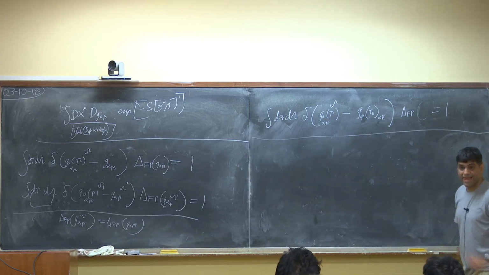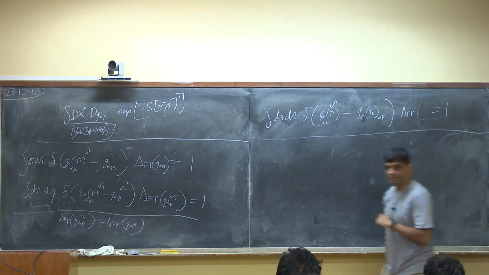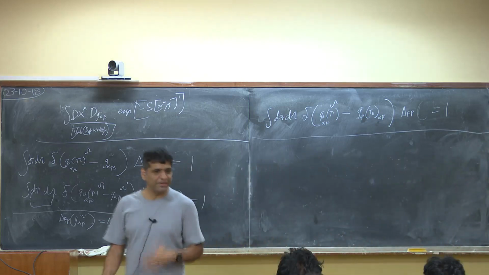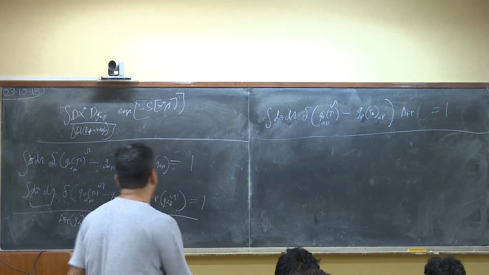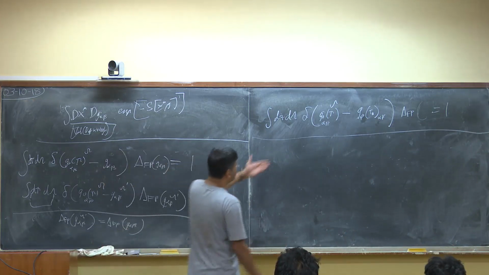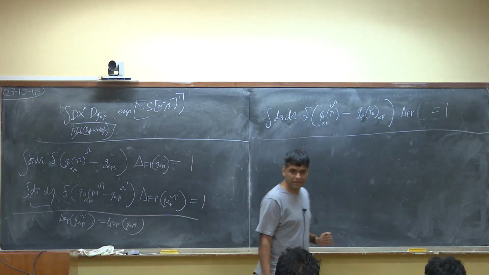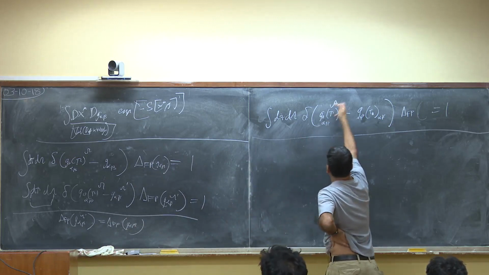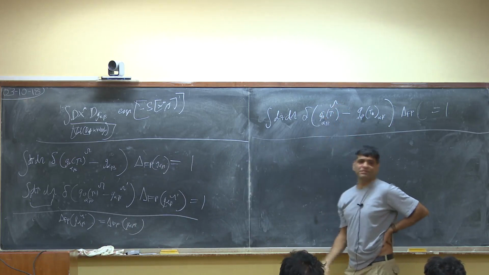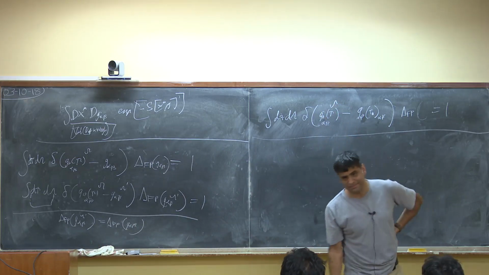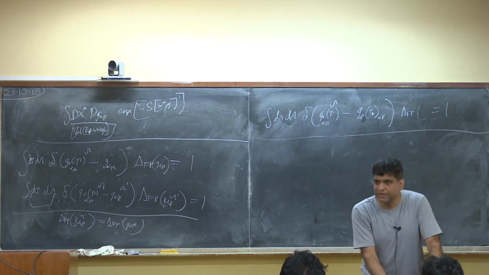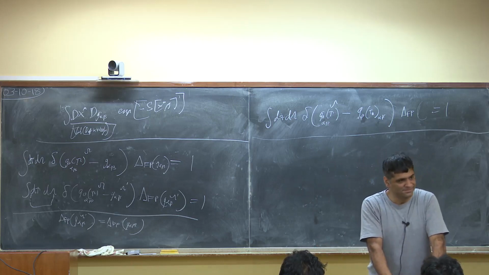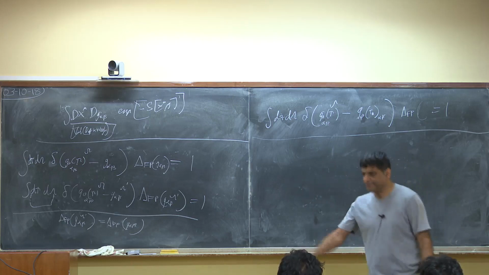Now everything is good, and all we need to do is the calculation. So what we need to do is understand how G0 transforms under an infinitesimal Weyl transformation and an infinitesimal diffeomorphism.